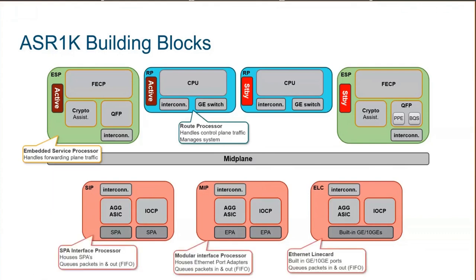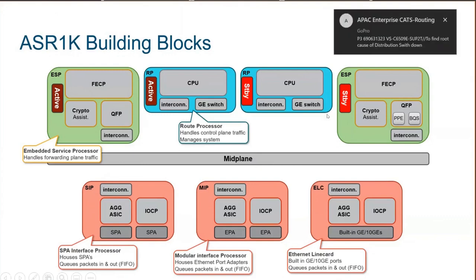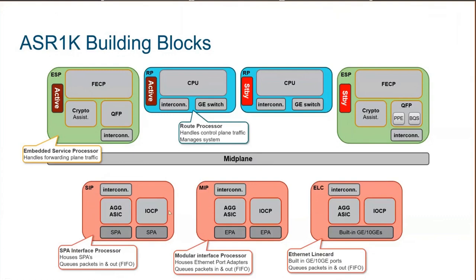Then we have the SPA interface processors. The SPA interface processor, or SIP as we call it in short, was introduced in the beginning. This was the first module, but then we innovated with MIP and ELC.